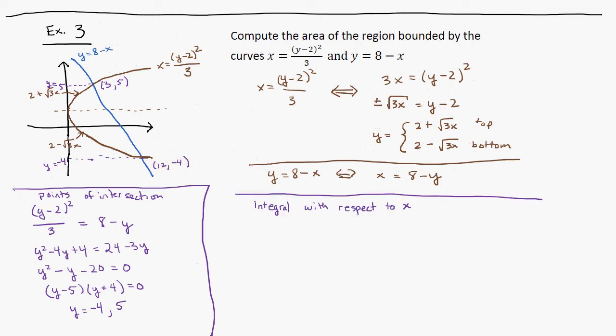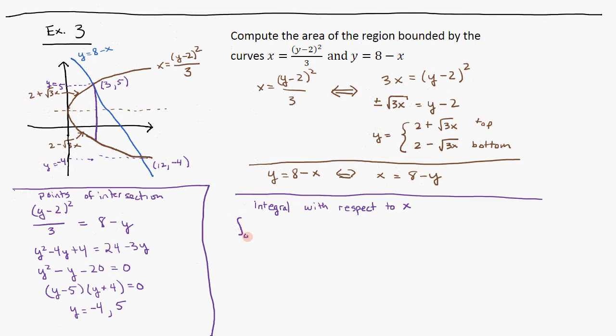Now we're ready to set up the integral with respect to x. So if we look at the region, we can subdivide the region into two integrals: one will represent the region to the left, and the other will represent the region to the right. So for the region on the left, the x value goes from 0 to 3, marked by this point here.